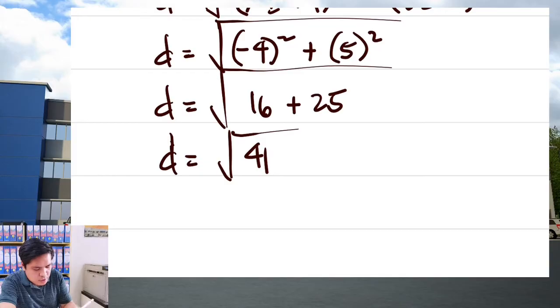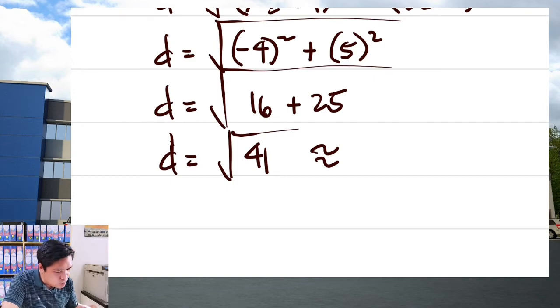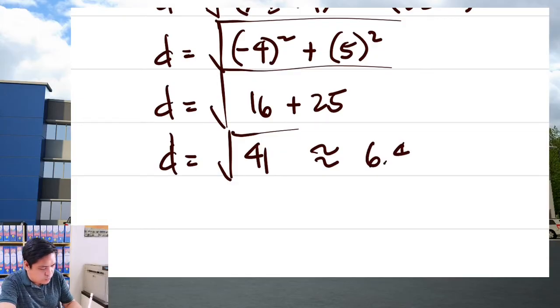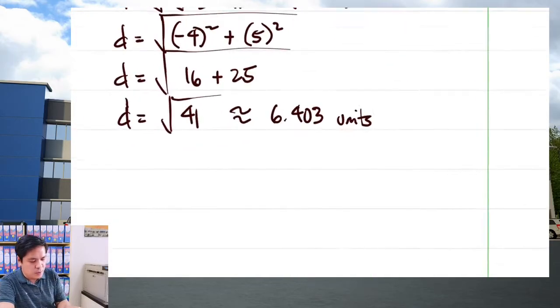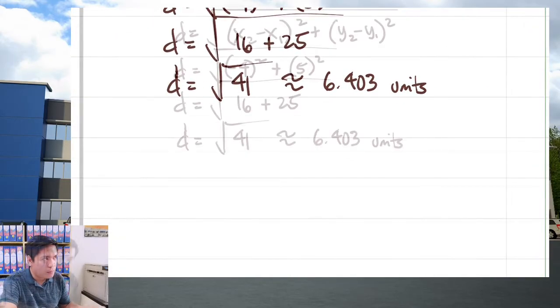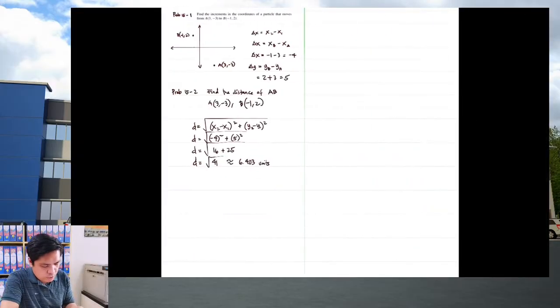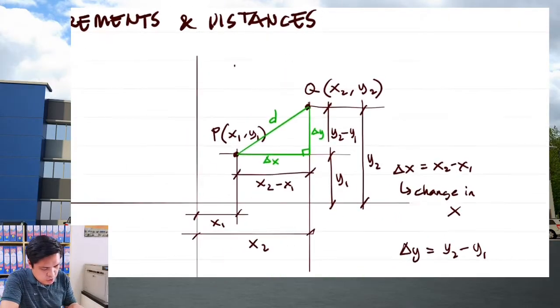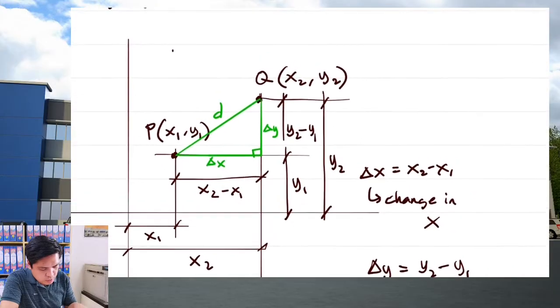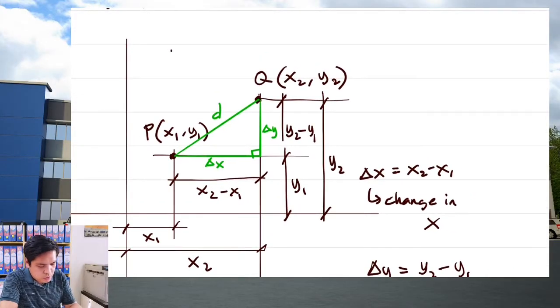So this is the distance, or that's approximately equal to, if we use a calculator, 6.403 units. So that's the distance. Super easy.